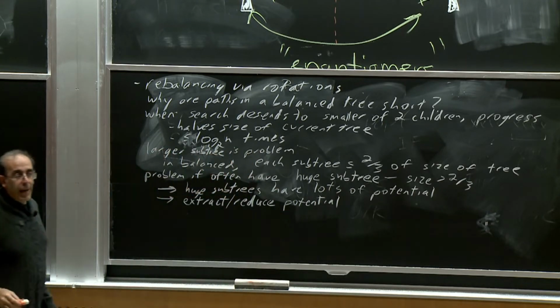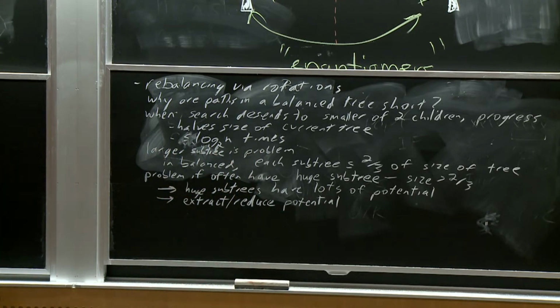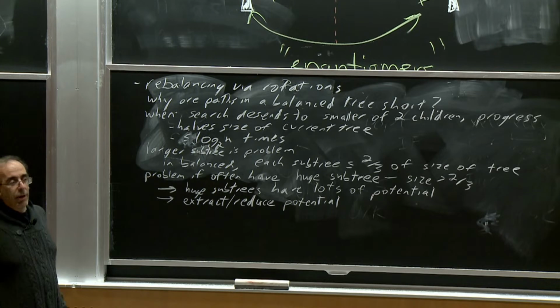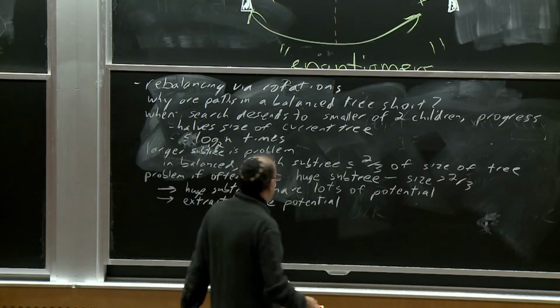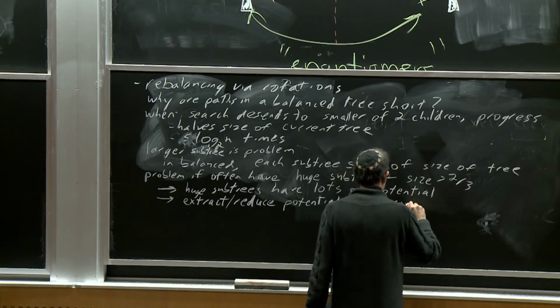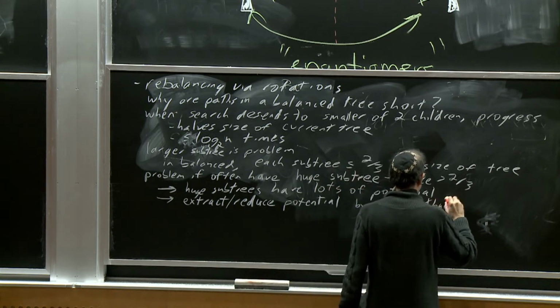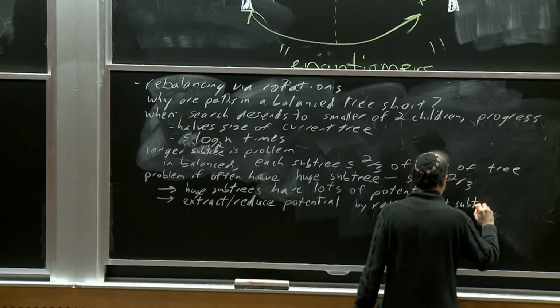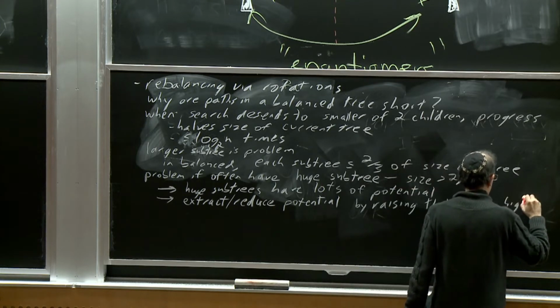Now, we can't extract or reduce potential by getting rid of nodes. You can't just delete things from the tree and make it smaller. Instead, we're going to do it by raising that subtree higher.